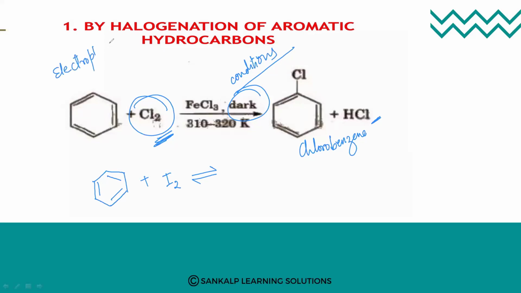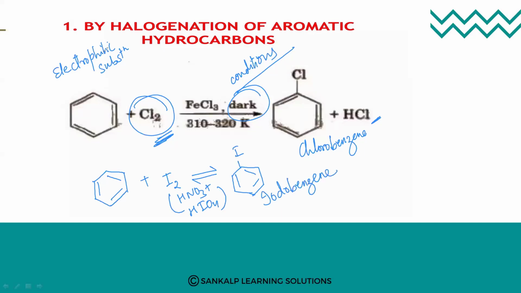Electrophilic substitution of these arenes with iodine is very difficult because the reaction is reversible and it requires a very strong reagent. The strong oxidizing agents which can be used are HNO3 and periodic acid. So these are the reagents which can be used for the preparation of iodobenzene. But this is a reversible reaction, so it is very difficult to get. So these are the conditions.